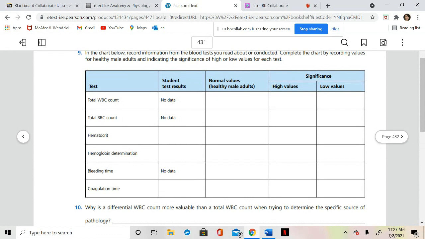So the process to produce red blood cells is called erythropoiesis. I really want you to look at that. And the precursor, I want you really to look at that. The hormone that acts as a stimulus for this process is erythropoietin, and this erythropoietin is produced by the kidney.